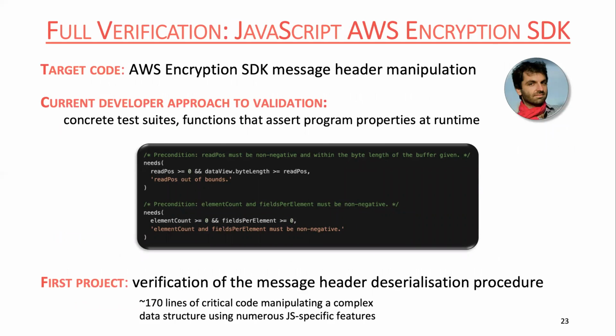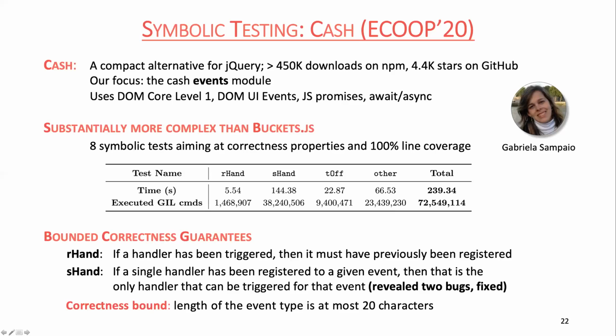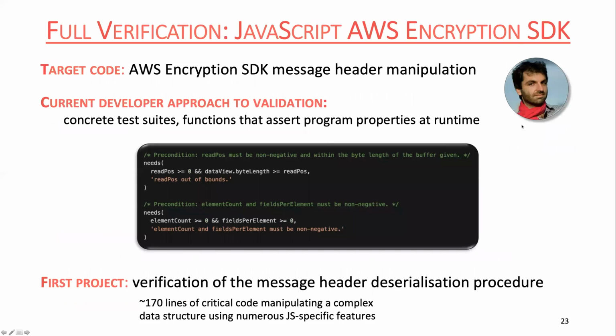We've also done full verification of AWS code. I should point out this work is also with my PhD student, Gabriella. We've also done work on full verification of Amazon code, and this is absolutely all PETA.